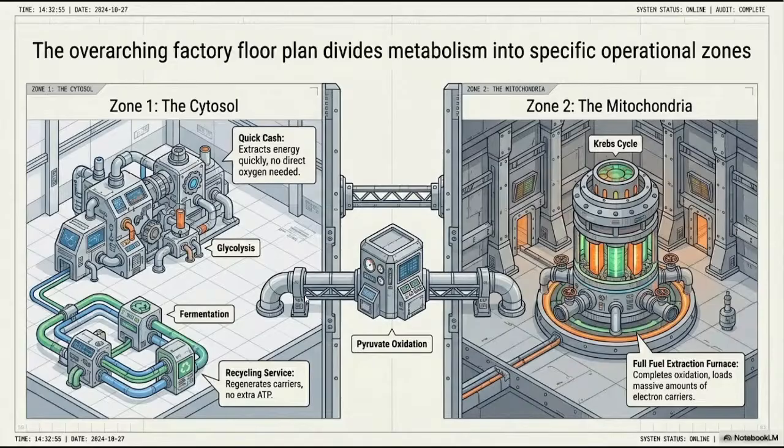Looking at what you have on the left, you will see that this is the glycolytic machine, where you extract very quick cash, extract energy quickly, with no direct need of oxygen. So that is the glycolytic pathway. The glucose will enter and serve as the raw material.